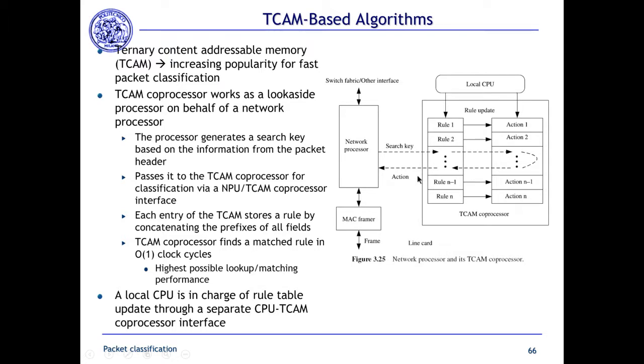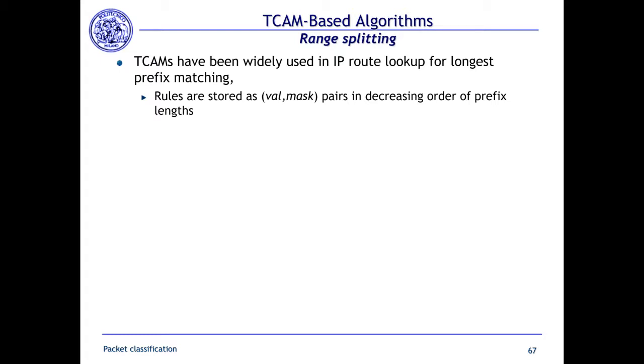Again, we can directly represent in the TCAM all the rules that are expressed in terms of a prefix regular expression. But we have problems with the rules that are expressed in terms of intervals. For rules expressed in terms of prefix, we can use the value and mask pair that we have already introduced before for IP address lookup. But what happens with range matching?